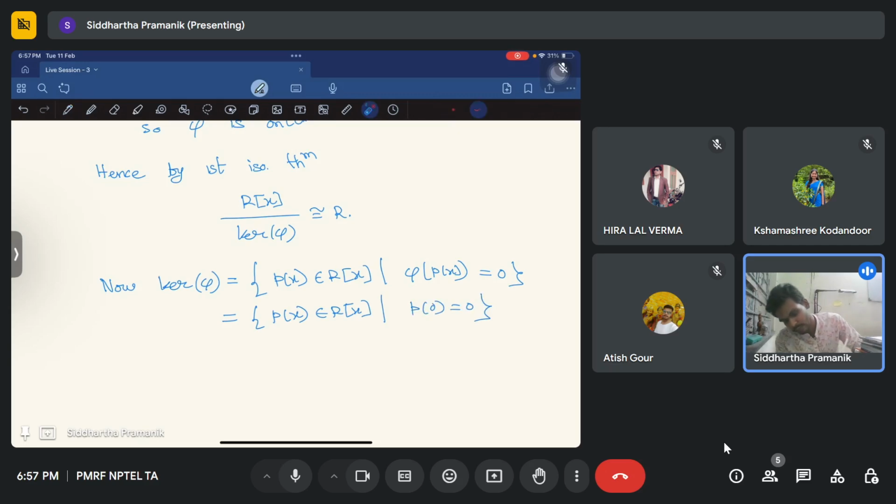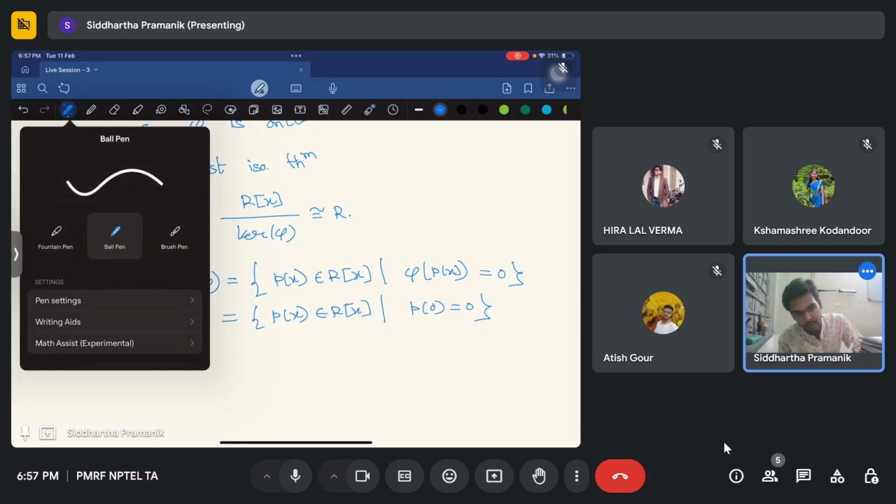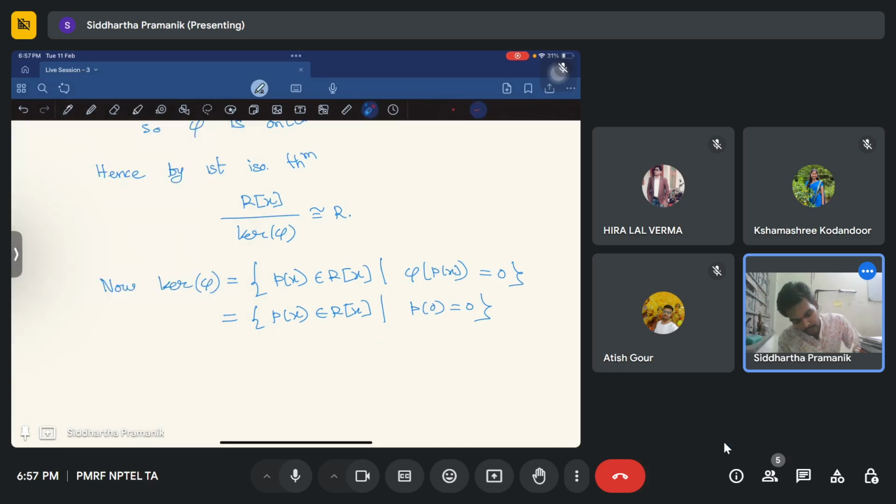So what can you say from here? So you are getting a polynomial in which 0 is a root. So P(x) belongs to R[x] such that 0 is a root of P(x).